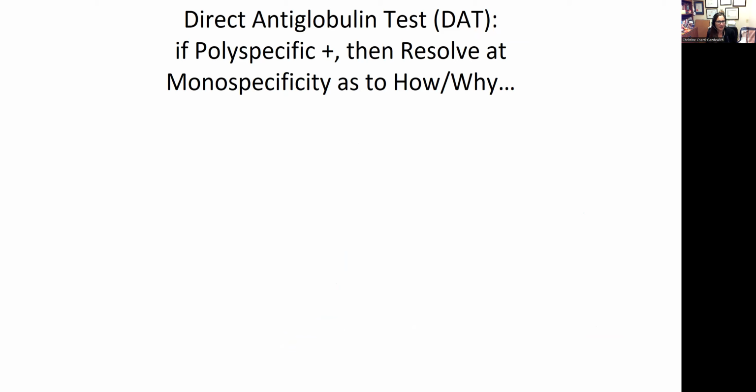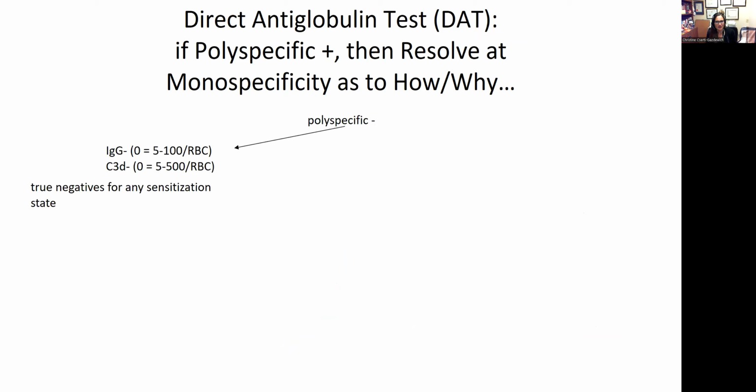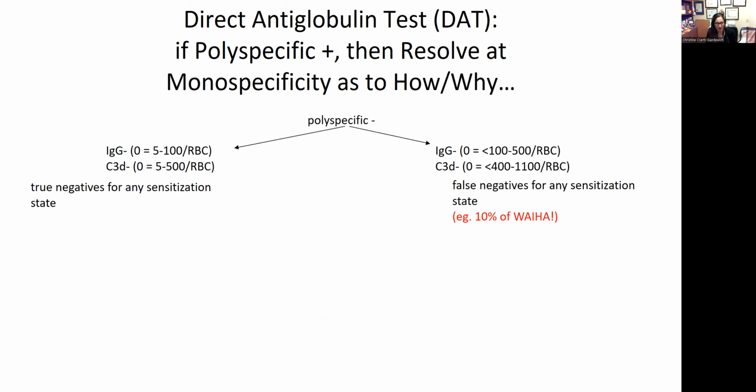And to say a little bit about the DAT: it can be either truly negative or, be aware of this trap, falsely negative. So if it looks like a duck and walks like a duck, if you think that it is immune hemolytic anemia, but the DAT is negative, do not be fooled. You need about 500 IgG molecules on the red cells for this test to come out positive.